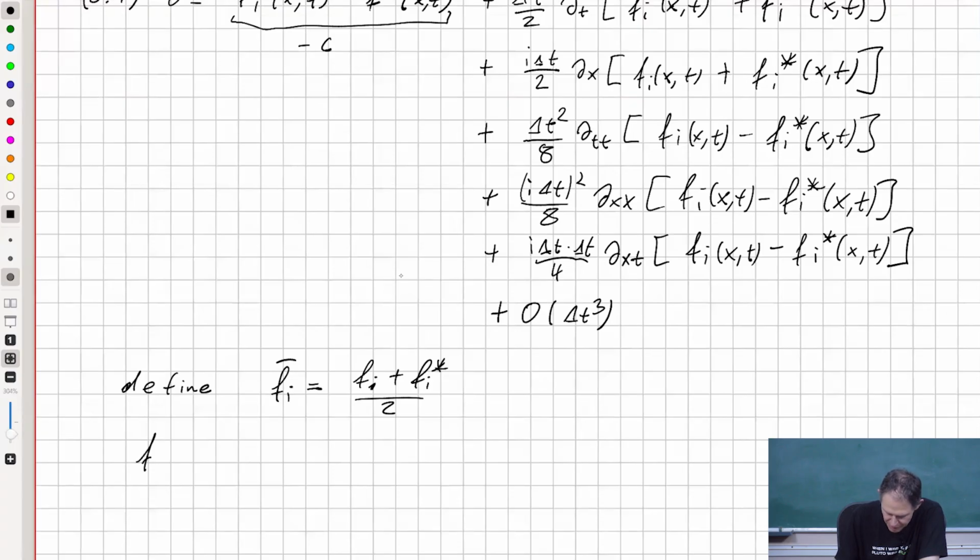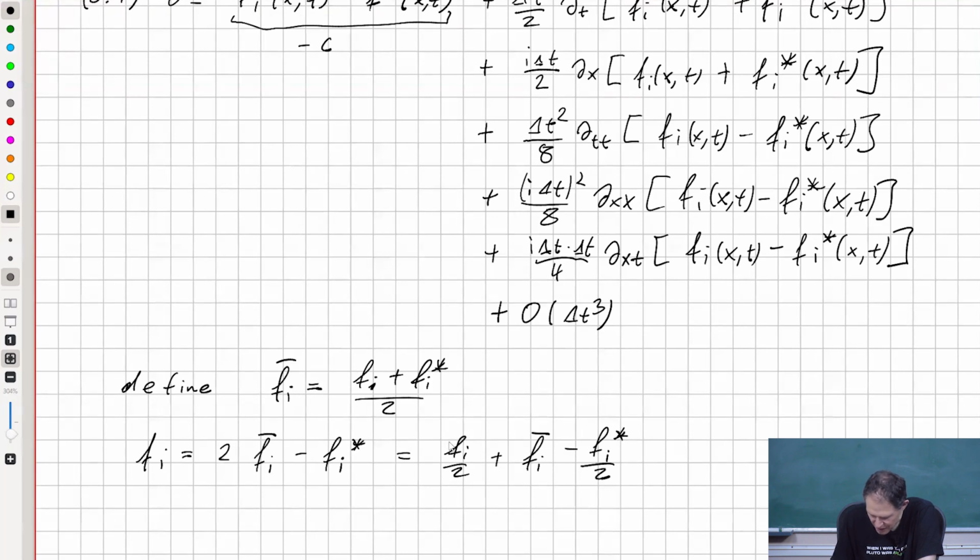So we'll have this. This means we can also rewrite this as fi being 2 fi over bar minus fi asterisk, which is equal to fi half plus fi over bar minus fi asterisk divided by 2.